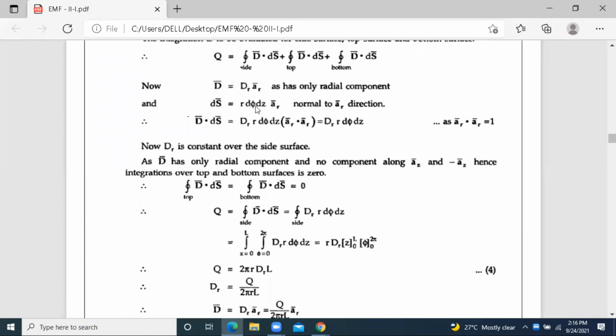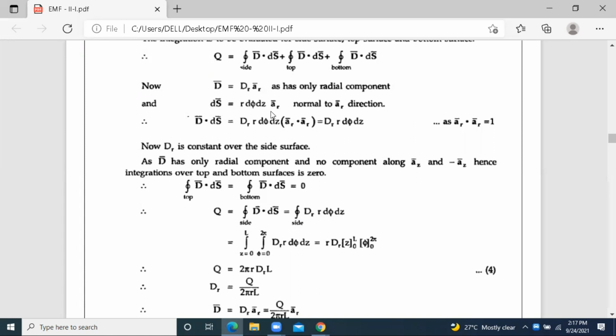So if you are just dealing with a quarter of the tin of cheese, that's your dφ. And if you are not dealing with the entire z, it would be dz, the differential length. So for your side, this would be your formula.